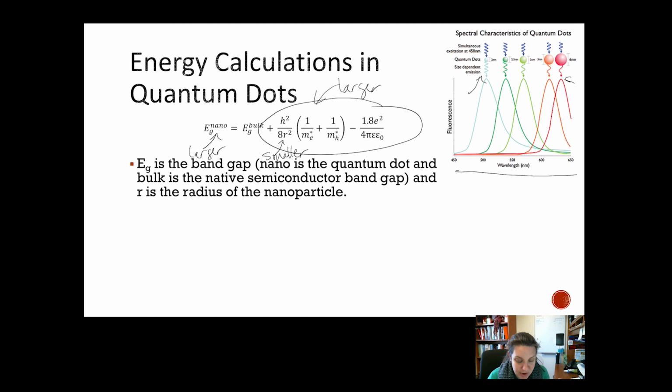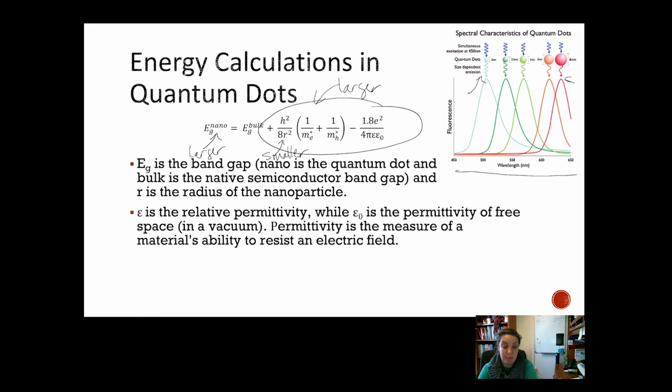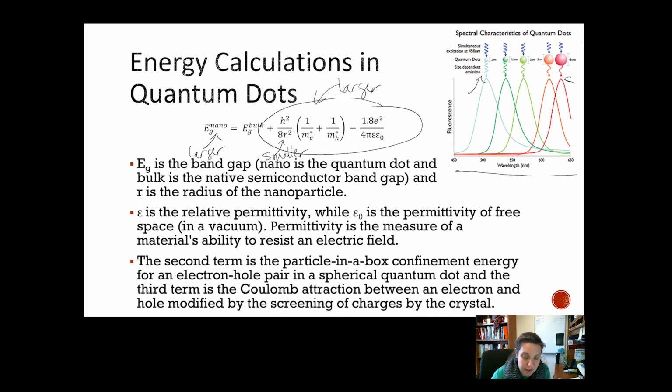Some other terms within there: we have epsilon, which is the relative permittivity. Epsilon naught is the permittivity in a vacuum, and that's just the ability for a material to resist an electric field. The other term over here is the particle in a box confinement energy, when we're talking about an electron and the hole that's left behind after it's been excited. It's just talking about the attraction between that electron and that hole.